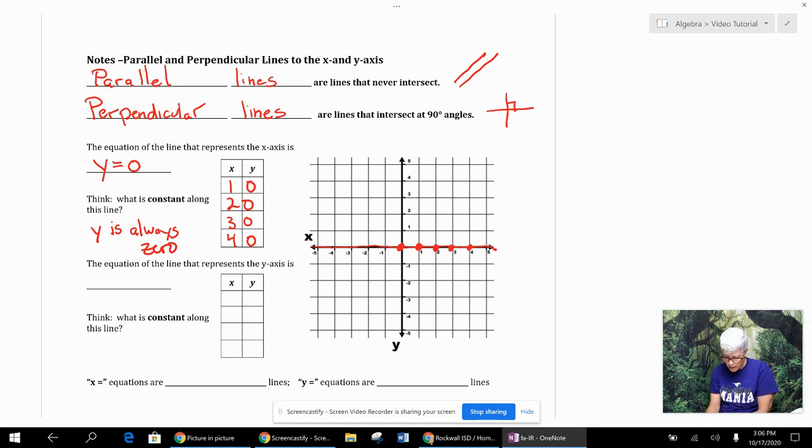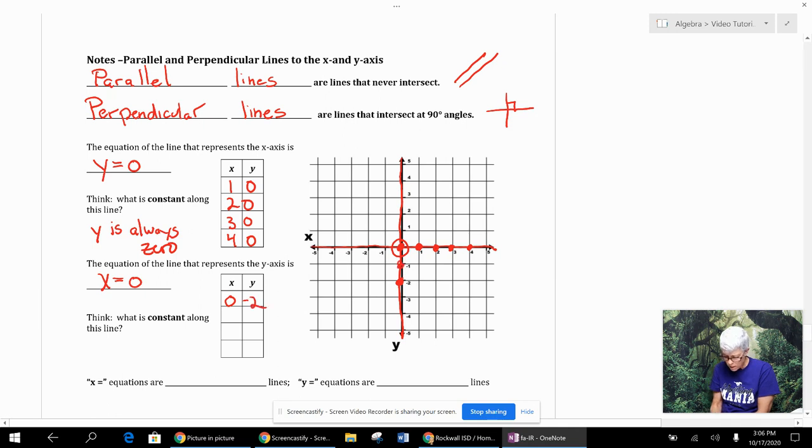Okay, the equation of the line that represents the y-axis. So let's look at the y-axis. Here's the y-axis. You can see again, it's crossing over right here where x equals 0. And that's actually the name of the equation. Again, we can verify that. I can pick a point like this one right here, and that point would be 0, -2.